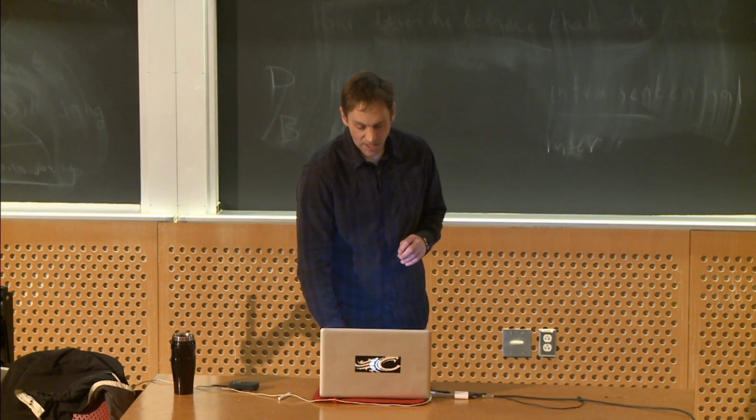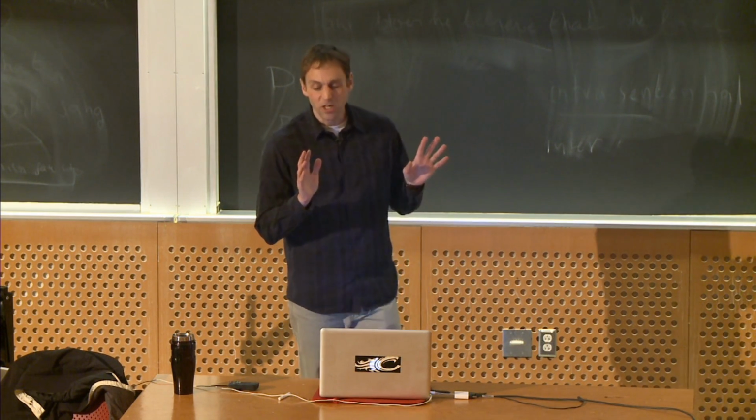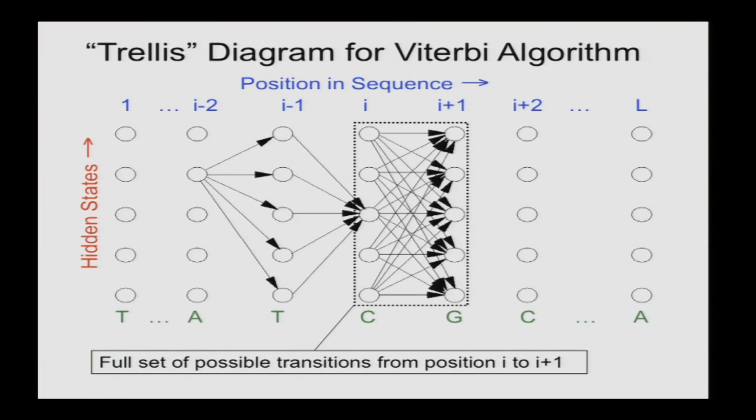But before we get to that, toward the end, we talked about the computational complexity of the algorithm and concluded that if you have a k-state HMM run on a sequence of length L, it's order k squared L. Okay? And this diagram is helpful to many people in thinking about that. So you can have transitions from any state, for example, from this state to any of the other 5 states in this 5-state HMM.